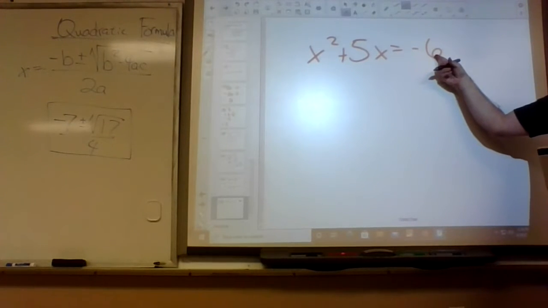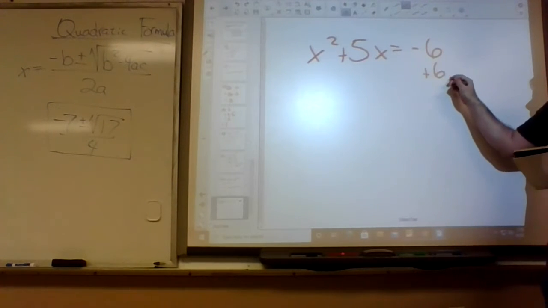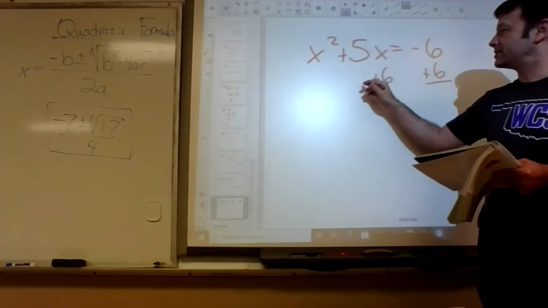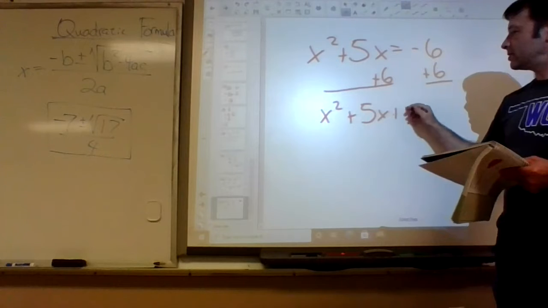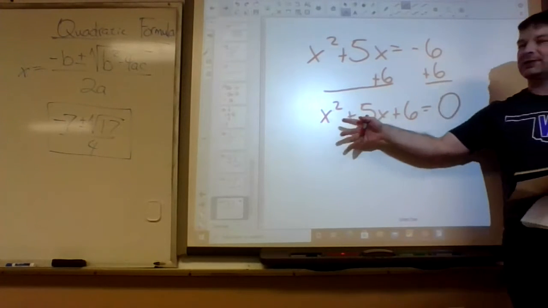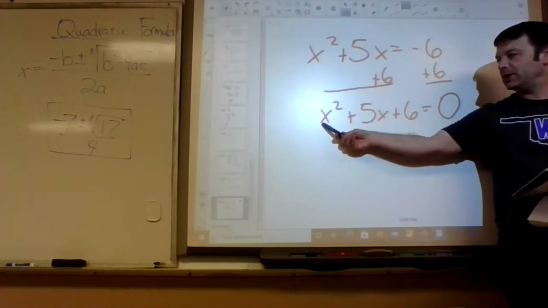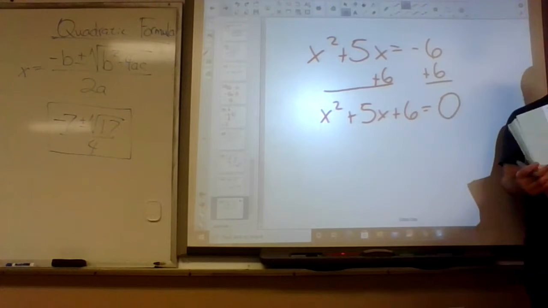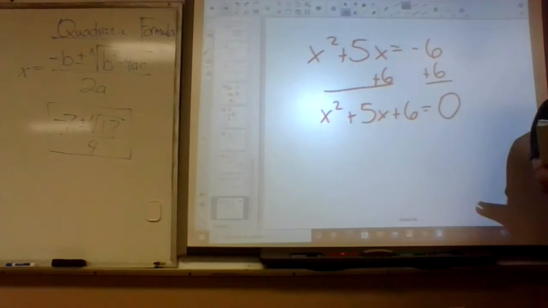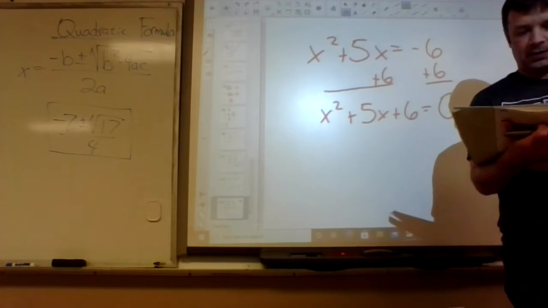Like, it's not set equal to 0. So we should move the 6 over, either in our heads or on paper. Now that it's in standard form, you can see it's 1, 5, and 6.